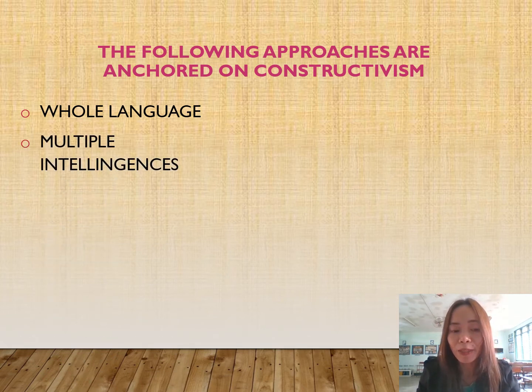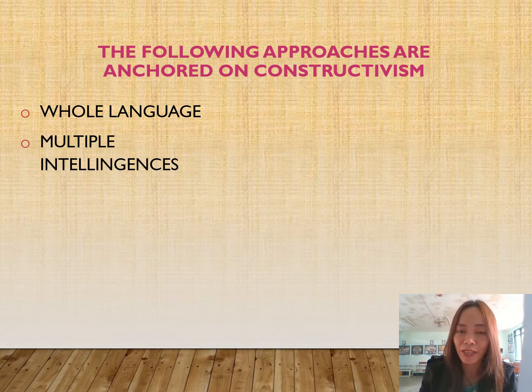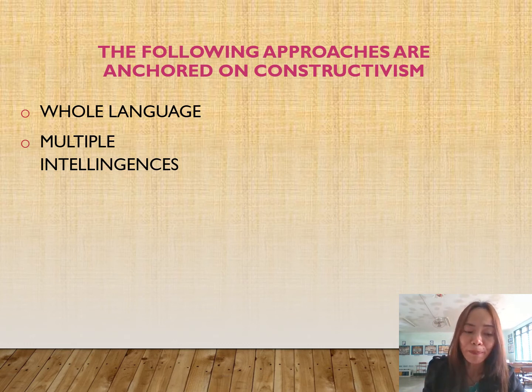Next is multiple intelligences. Multiple intelligences is a theory advocated by Howard Gardner, which posits that humans are endowed with various intelligences. Some are innately fully developed, others are minimally developed, but others can still be developed.